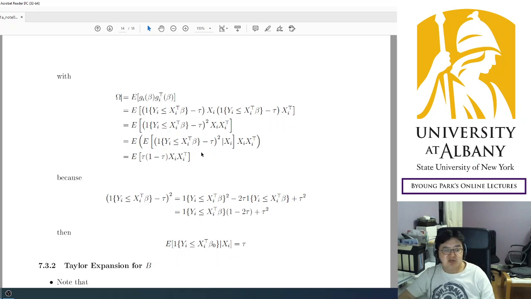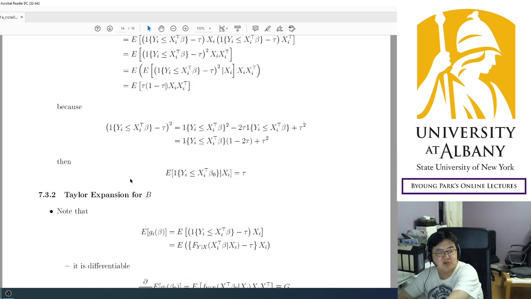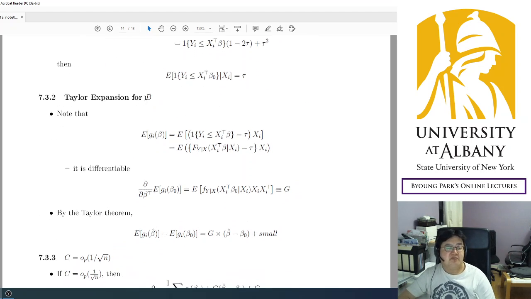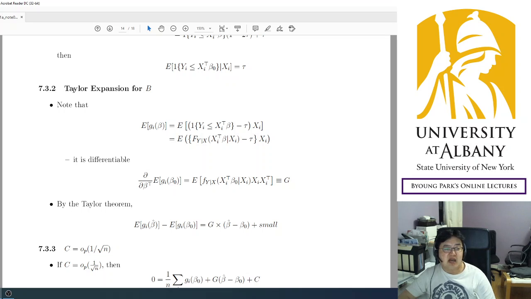And what's interesting here is it takes this form. So it simplifies a lot. And here also you can read the algebra. I'm not going to read the algebra.